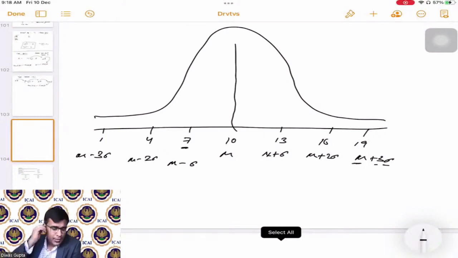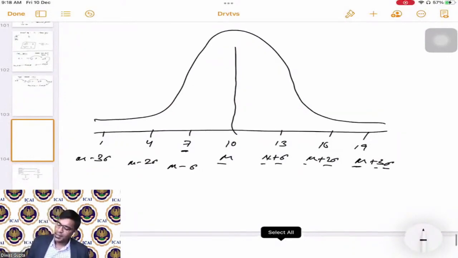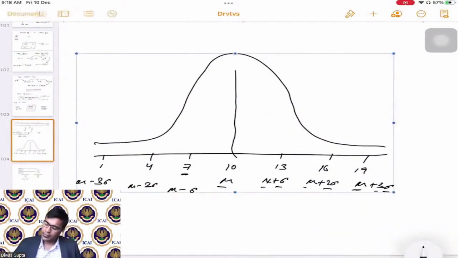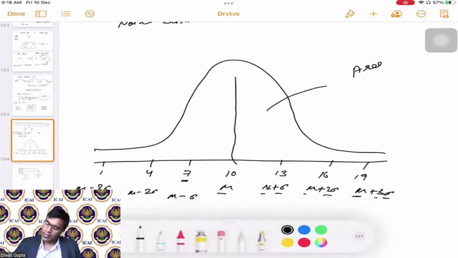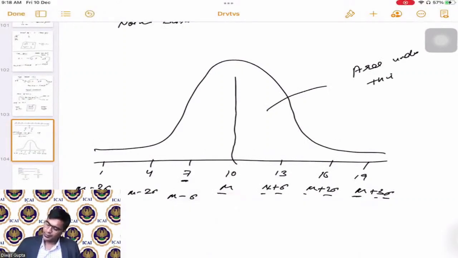Okay, students, so this is what the normal distribution has done. It has equally divided the entire data into these two parts, and the area under this curve would be probability.